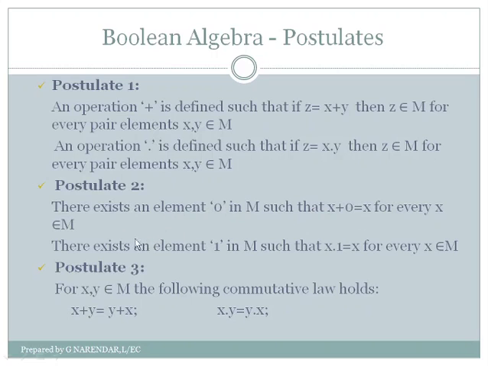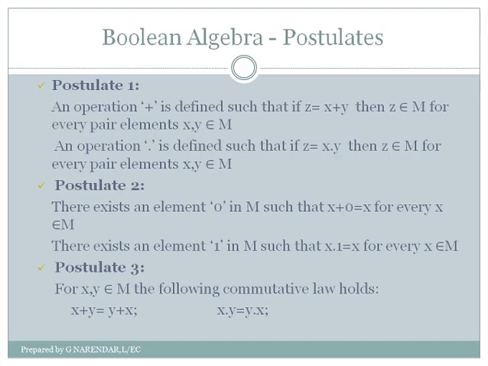Postulate 2 also defines one more element, and it states that there exists an element 1 in M such that x and 1 equals x for every x belonging to M. This means that for any element x that belongs to the set M, if you perform an AND operation with the element 1, it results in the same element.